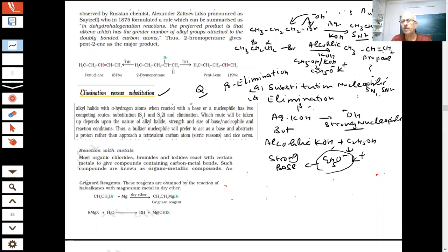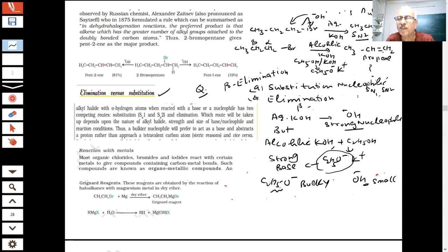Now it is a bigger one. You can see H is small, and this group is bigger. C2H5 is a big group, students. C2H5 is bulky as compared to OH minus. H is small. Got it?